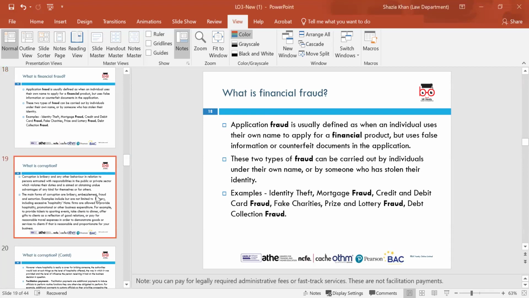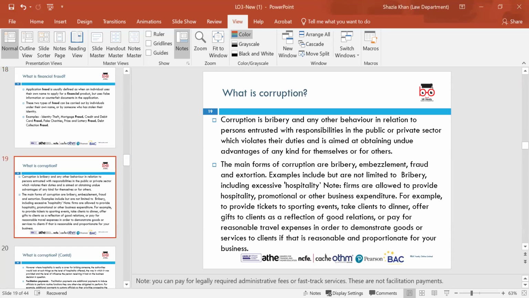The next part we're going to look at is what corruption is. Corruption is bribery, and it erodes trust, weakens democracy, hampers economic development, and exacerbates inequality and poverty. Corruption can come in many forms. It could be public servants demanding or taking money or favors in exchange for services.